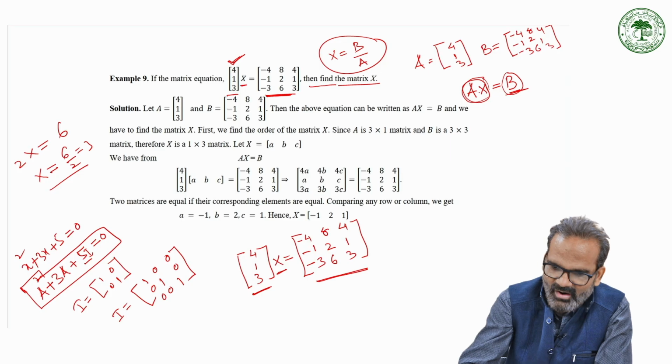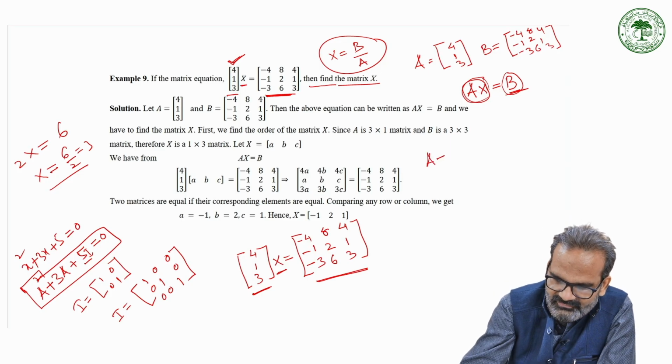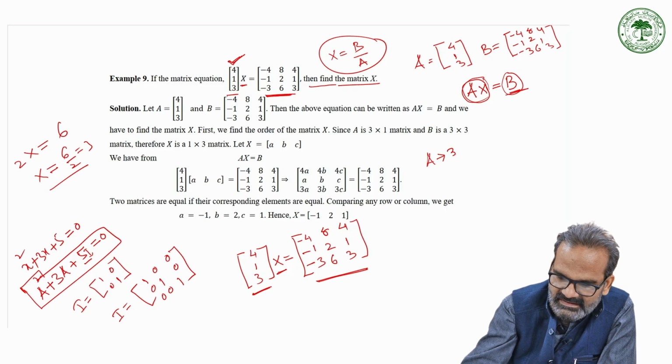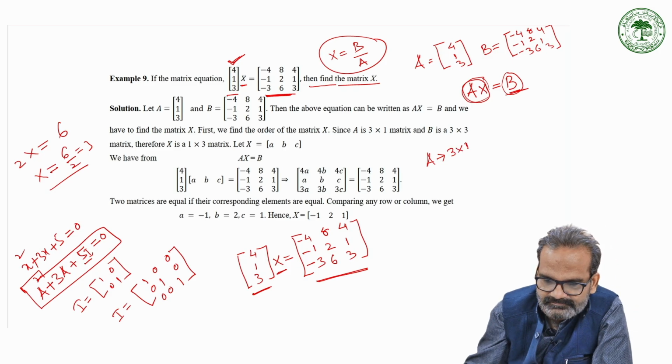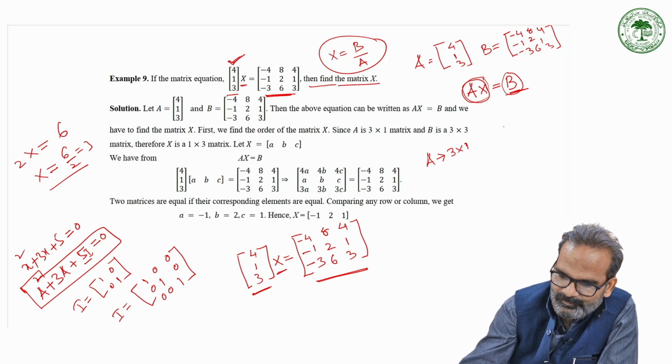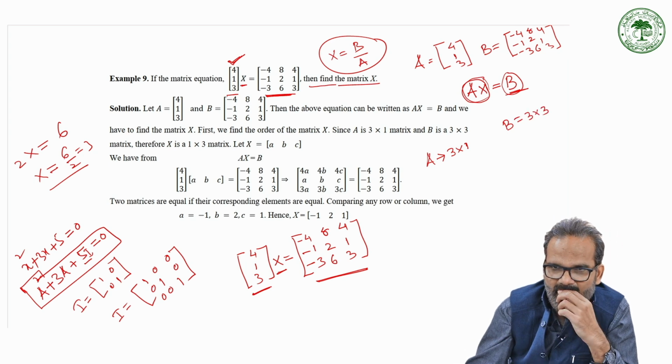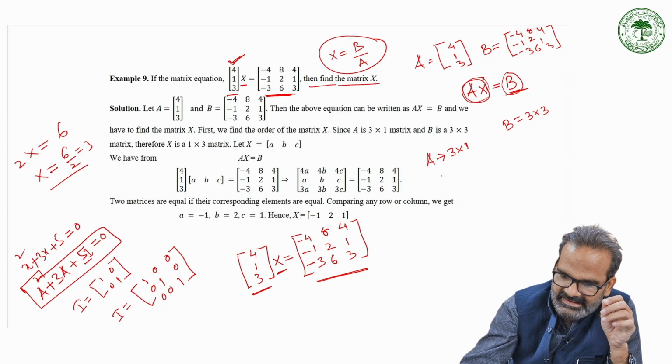Clear? So what is the order of A? A contains 3 rows and 1 column. And the order of B, the right hand side, is 3 by 3. We multiply A with X. So A contains 3 rows, 1 column.